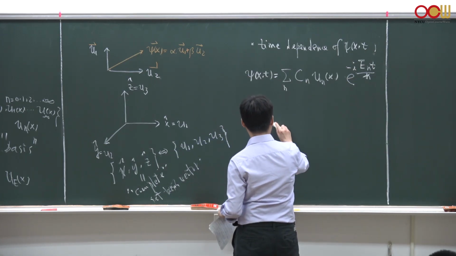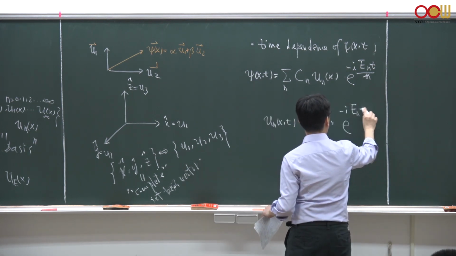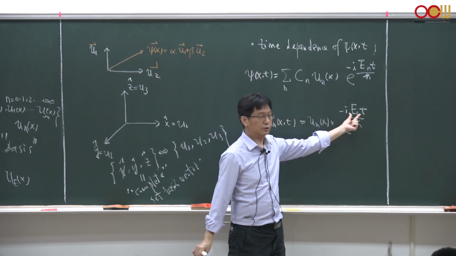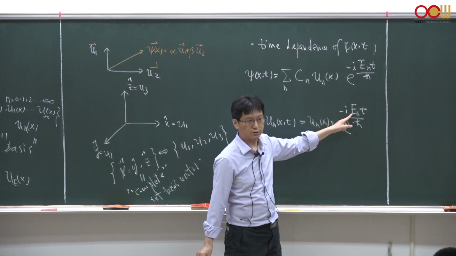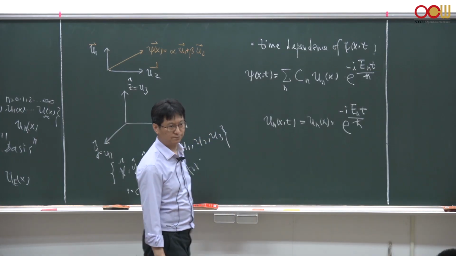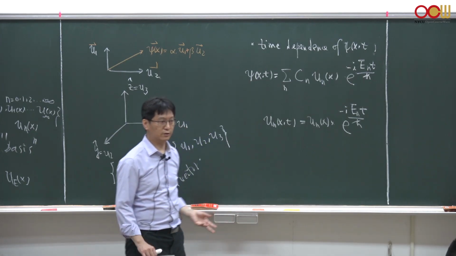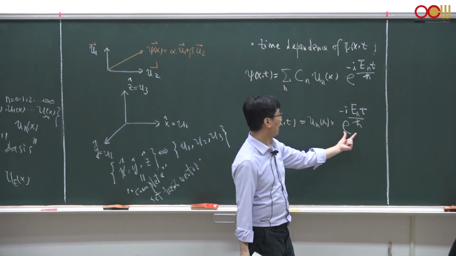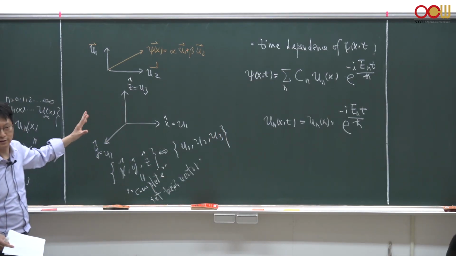So remember, u_n(x,t) is u_n(x) times the time evolution factor, e to the minus i E_n t divided by h bar. For different eigenstates, this energy is different, so the period or frequency of this time evolution is different for different eigenstates. And this is the reason why we have the quantum oscillation for the ammonia molecule that we introduced earlier. Remember, for different eigenstates, the oscillation frequencies are different. Is that clear? Everything clear? Good.